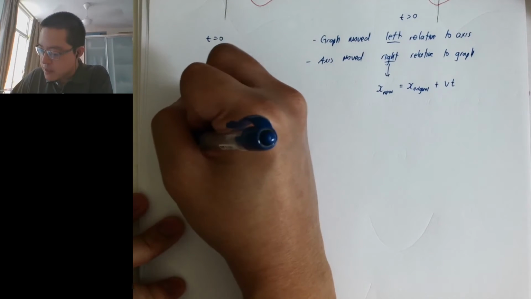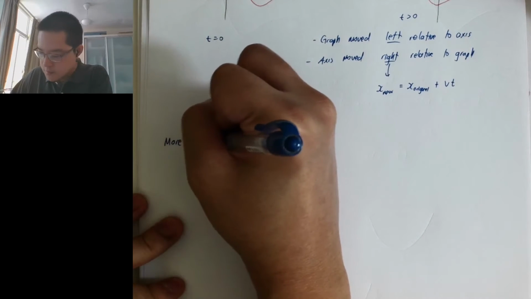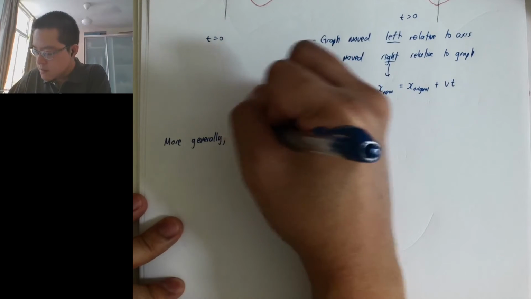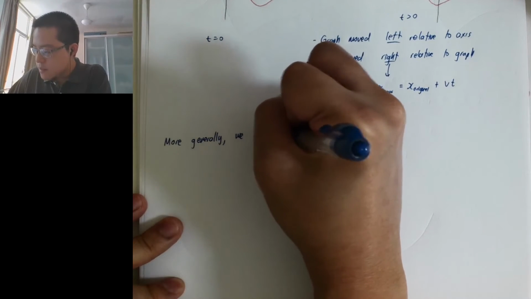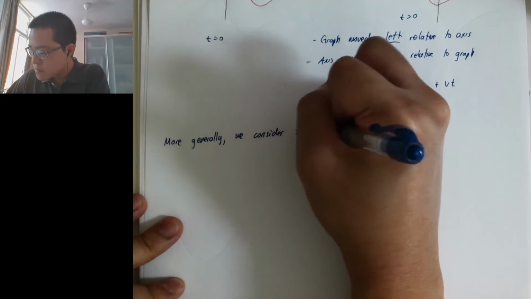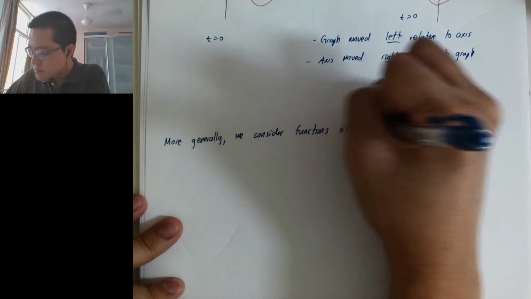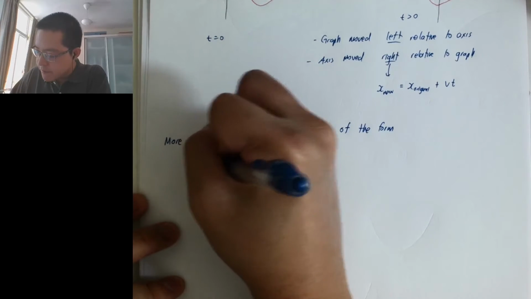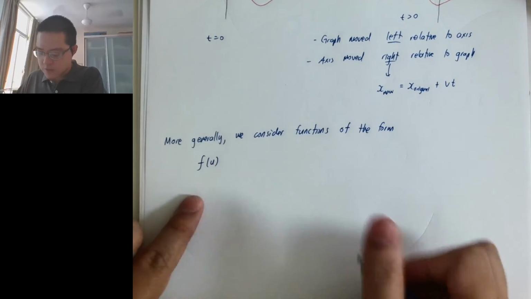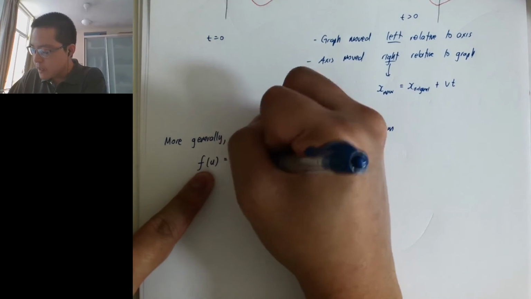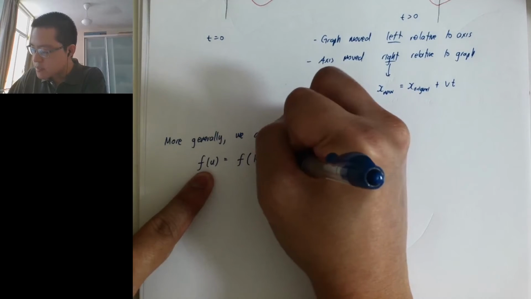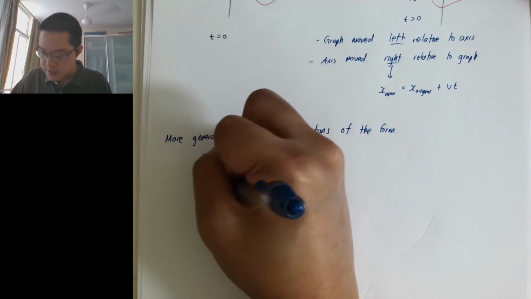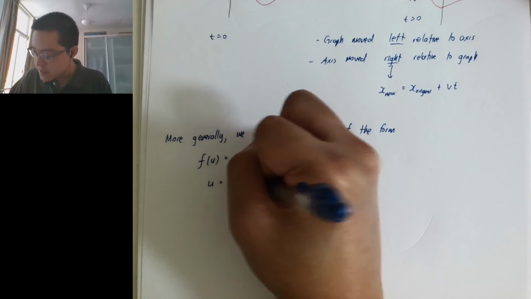More generally, we consider functions of the form f of u, where f of u is given by f of kx minus omega t. In other words, u is equal to kx minus omega t.